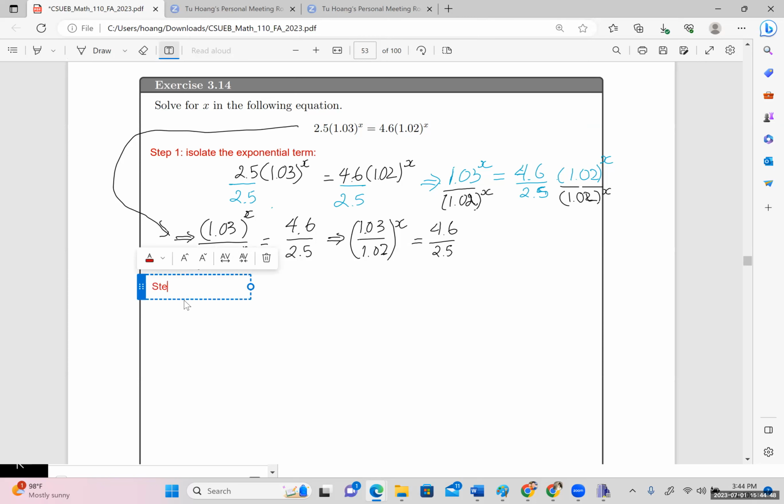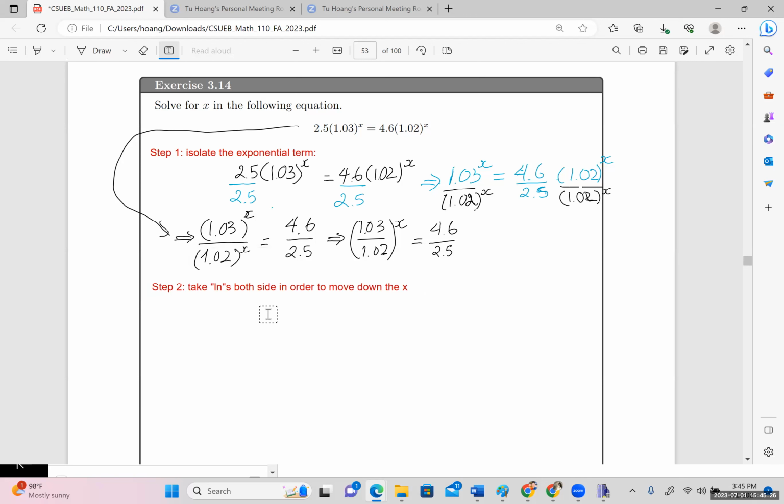Then you go ahead and move to step 2, which is to take logs of both sides in order to move down the x, because you want this x going down. You know what? I'm going to change the log this time. I'm going to take natural log of both sides.